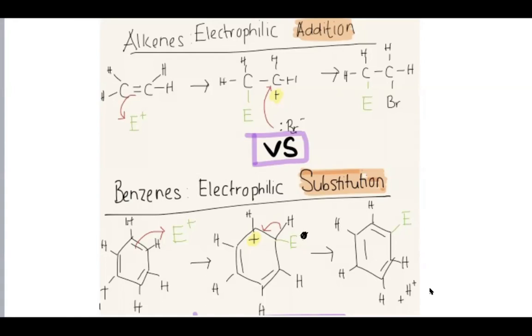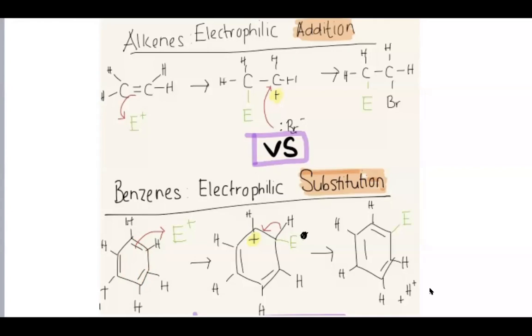So I've already highlighted that for alkenes, it's an electrophilic addition. For benzene, it's an electrophilic substitution. First things first, for benzene, you have 3 double bonds according to the Kekulé structure, which we know is not accurate, but I will just draw it.